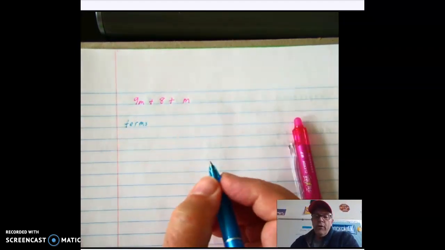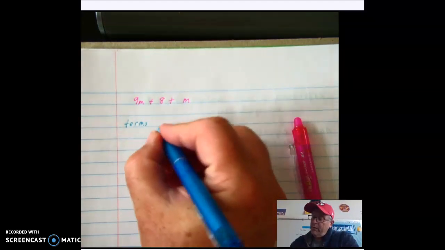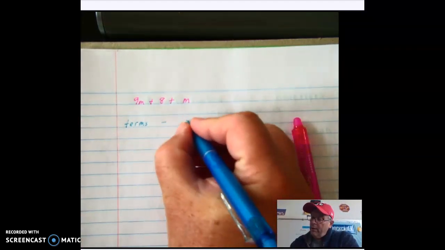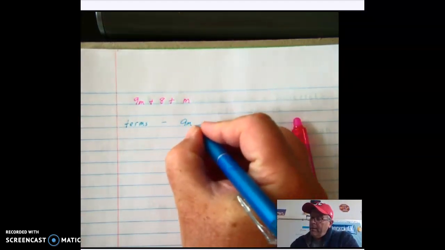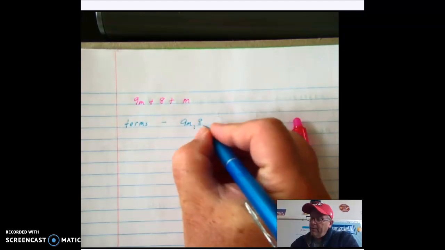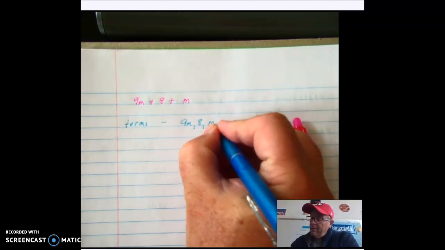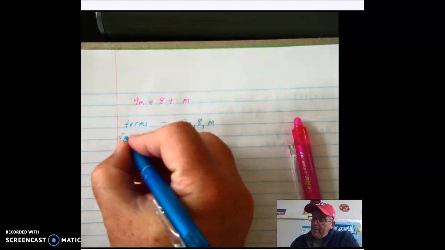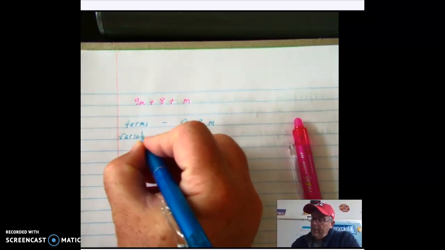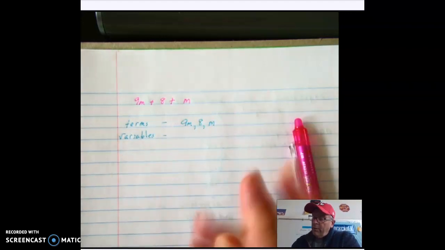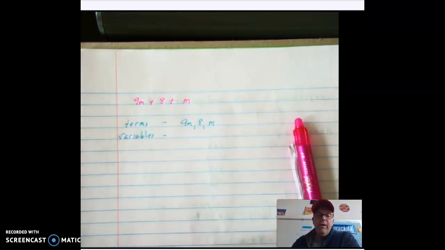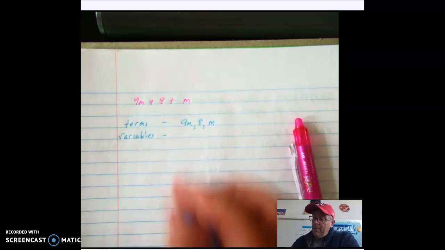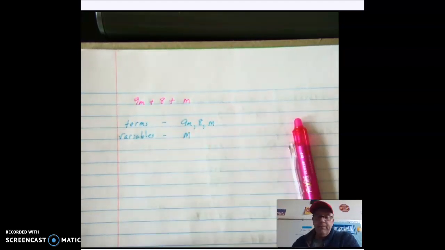You remember the terms are the parts of the expression. So the terms in this would be 9m, comma, 8, comma, and m. Then I have my variables. Now in this particular one, I only have one variable, my m, and so I only need to put it one time. So m is my variable.